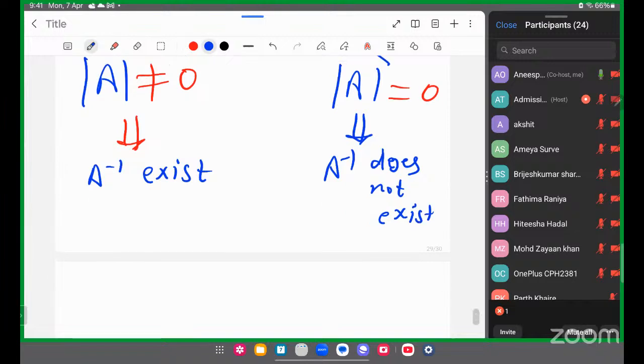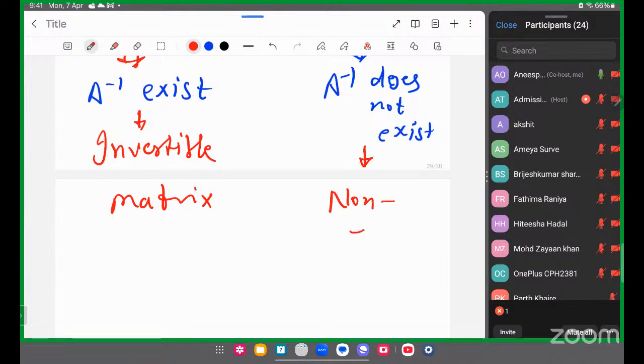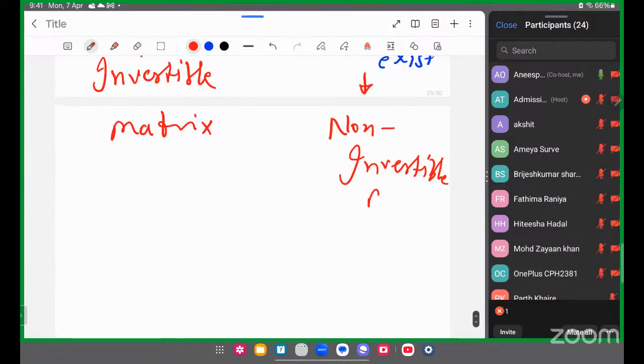The matrices for which the inverse exists are called invertible matrices. And the matrices for which the inverse does not exist are non-invertible matrices.